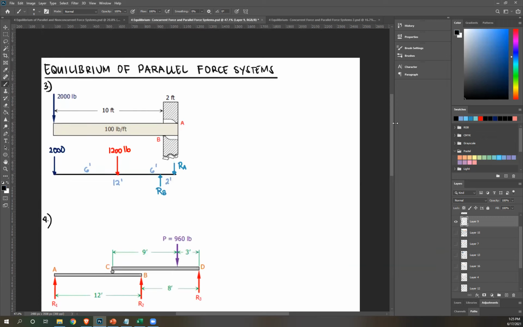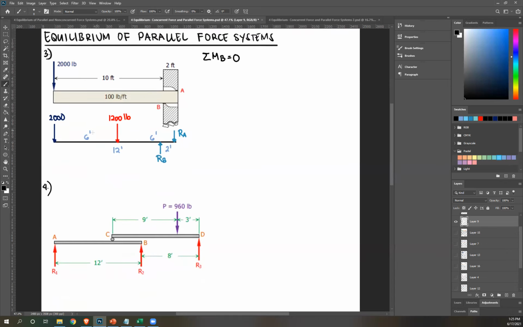Alright, so now we have our free body diagram. We can solve. Again, first step, we can use moment about a point. Okay, so let's do moment about B. If you want to practice, you can start with moment about the other support. You should get the same answer. So I'm choosing B. Solve 2000, rotate about B, counterclockwise, so negative 2000. Perpendicular distance from B is 12.